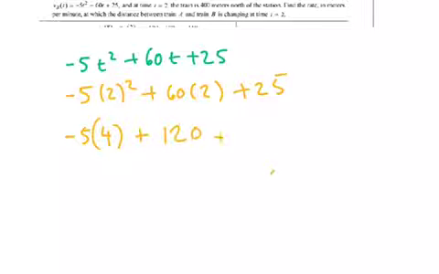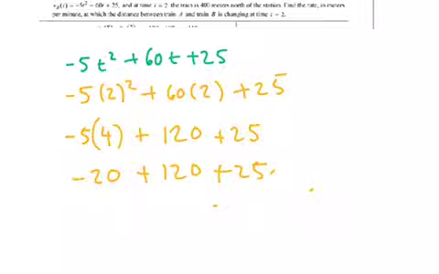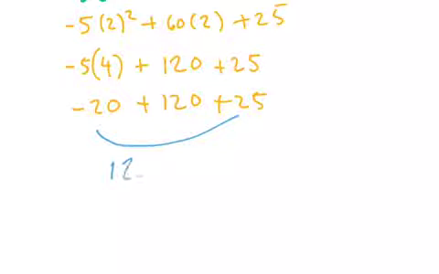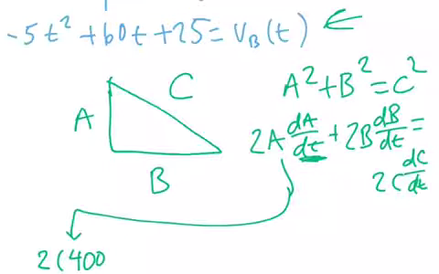So this is negative 20 plus 120 plus 25. Which would give me what? Well, I'm going to put these two together first. So that gives me 120 plus 5, which is 125.